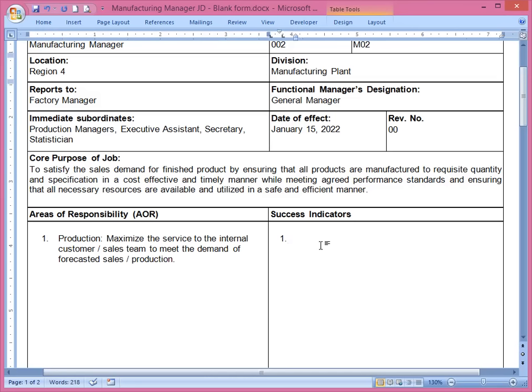In success indicators, we say deliver product, service to internal customer, DNL.